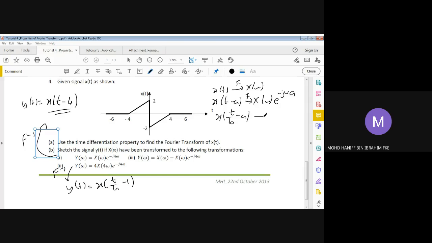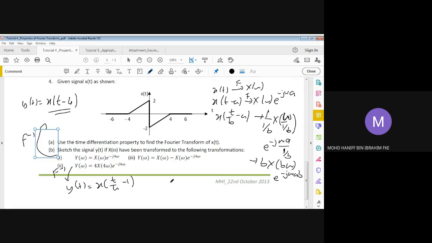It is going to give b X(b omega) exponential of negative j omega a b.